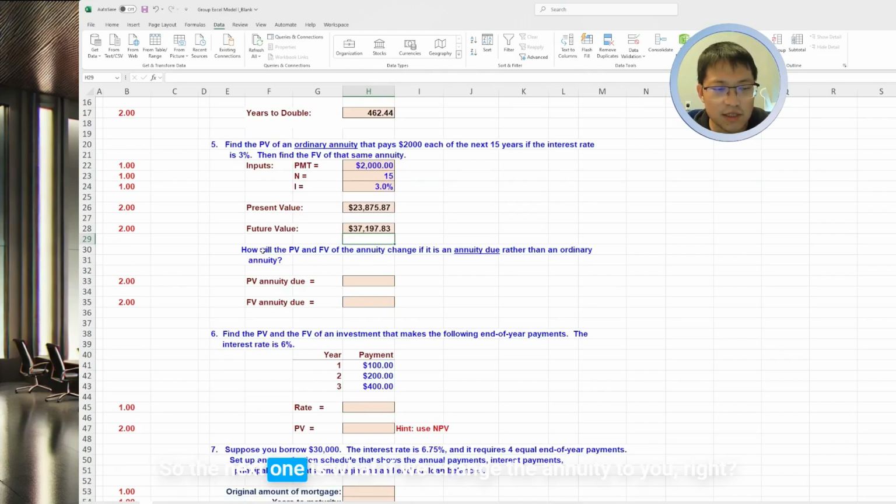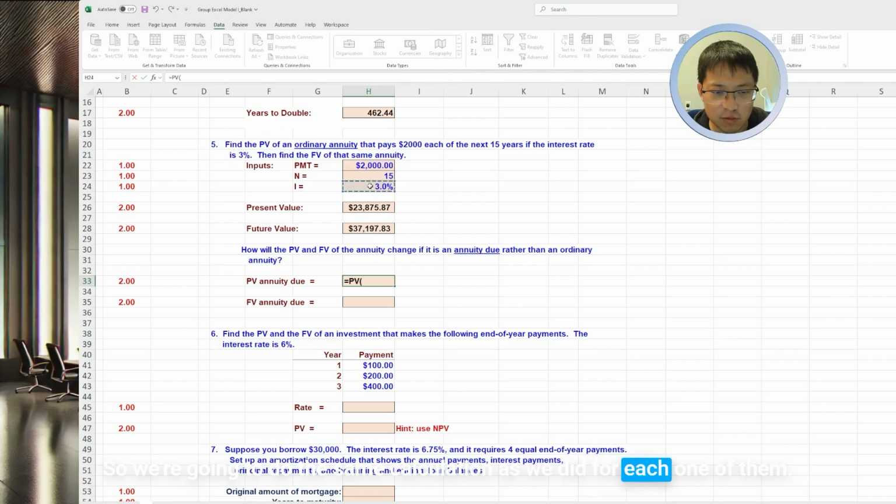The next one is, what if we change the timing? The only difference between an ordinary annuity and an annuity due is the time, which is always earlier. So now we're going to do the same calculation as we did for each one of them.